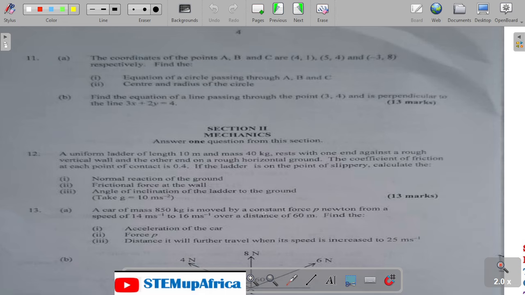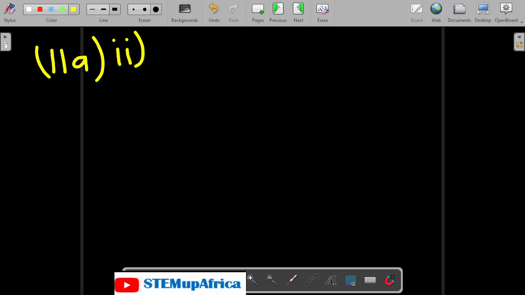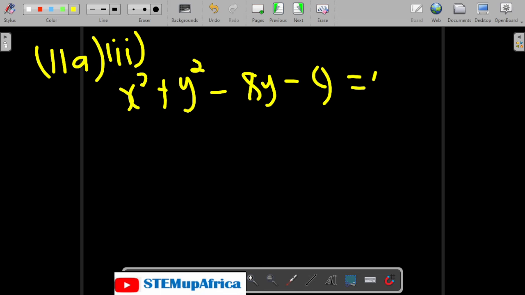That is 11a Roman figure 2. So we should find the center and radius. The equation says x squared plus y squared minus 8y minus 9 equals 0.